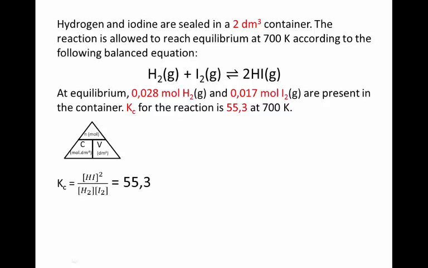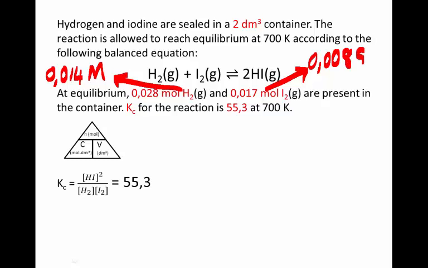Just remember, we've already just calculated that the concentration of hydrogen that we have is 0,014 molar, and the concentration of iodine that we have is 0,0085 molar. It's easy to see because it's simply half the number of moles, since the volume is 2.